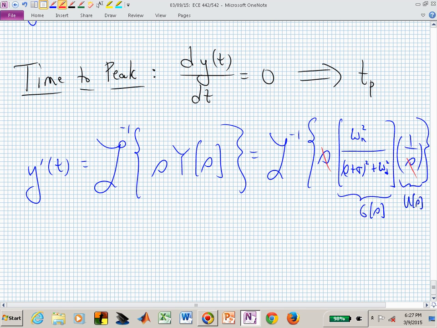What kind of a shape do we have? We have poles that are complex conjugates. And what kind of a numerator do we have? Constant, or does it have a zero factor?